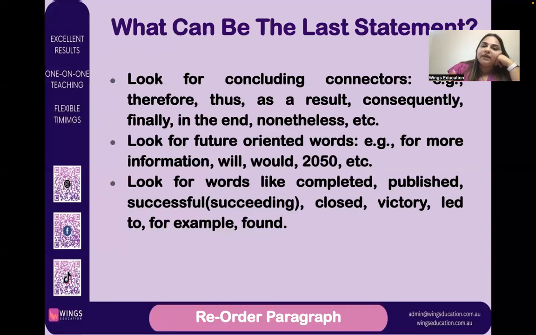And completing words like successful, closed, victory, for example, led to, published, found. They're all the words which are the end of a process. So, of course, that will also be towards the end of the paragraph. So keep looking for words like nonetheless. They're all towards the end, okay?